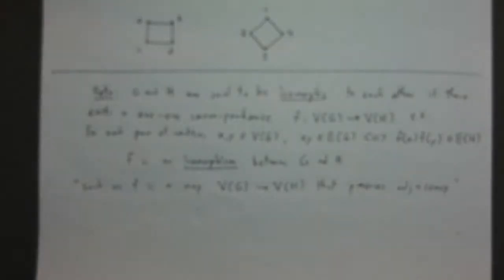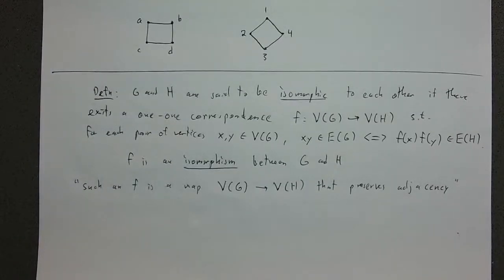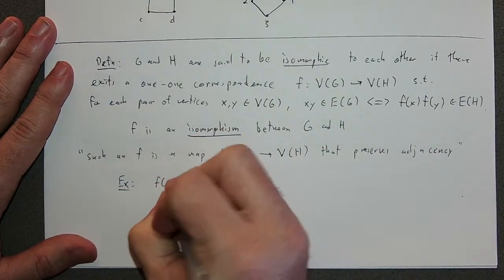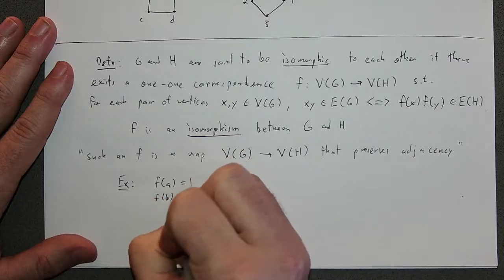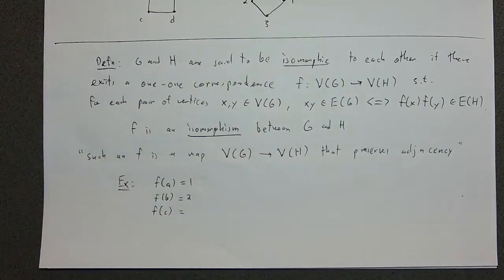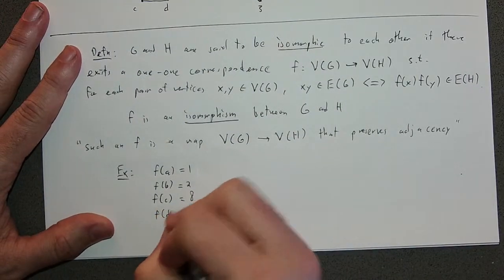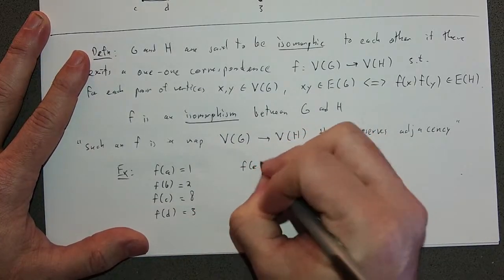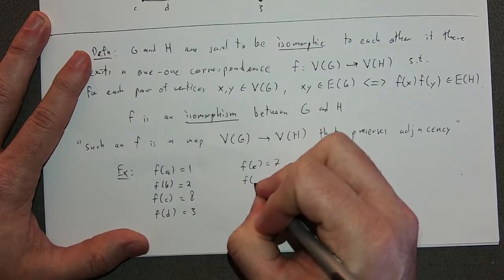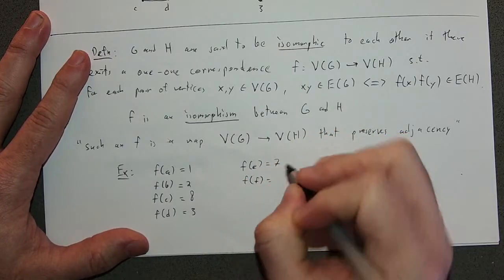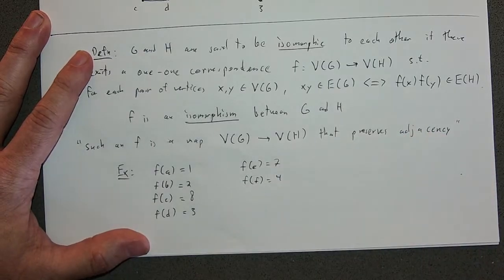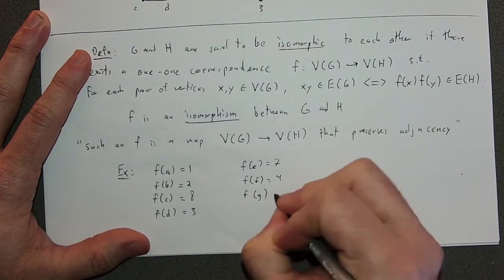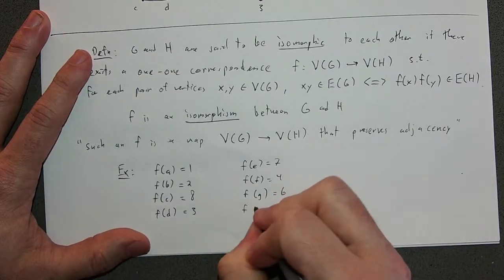So if I define F of A to be 1, F of B to be 2, F of C to be, what did we say, 8, F of D to be 3, F of E to be 7, F of F, well, this is kind of bad notation, but whatever, 4, maybe I should have used phi instead of F, F of G to be 6, and F of H to be 5.